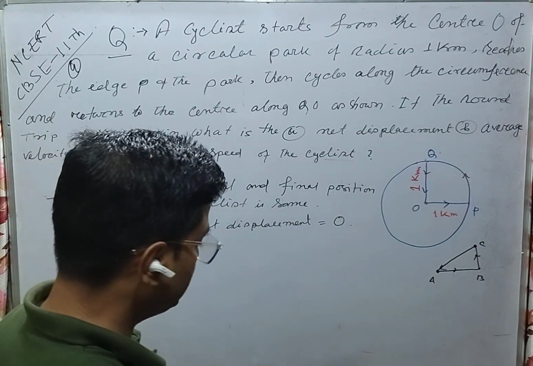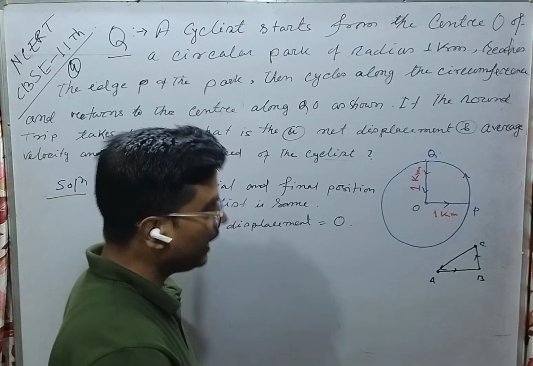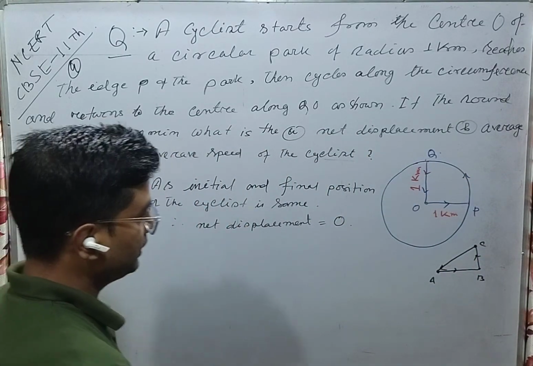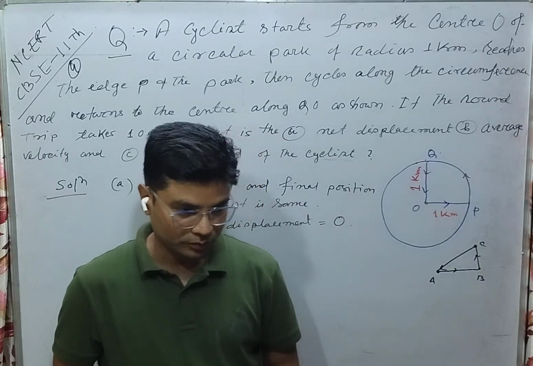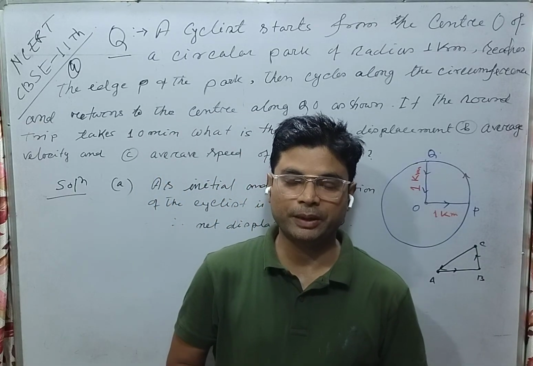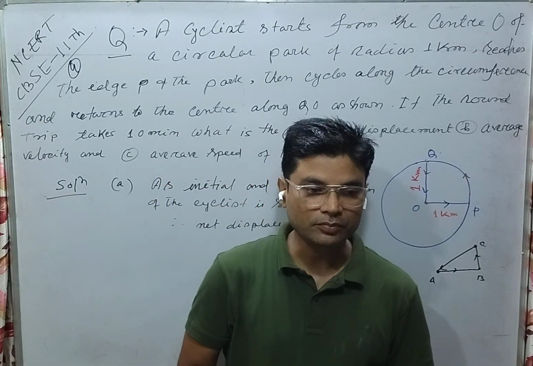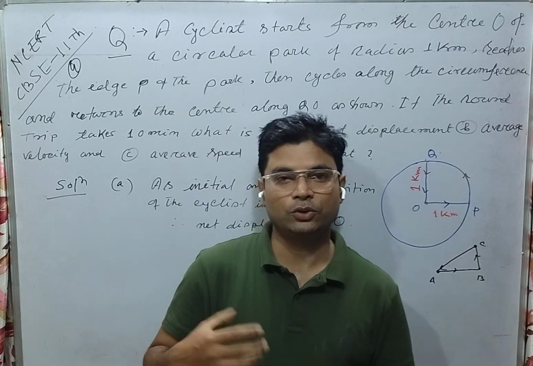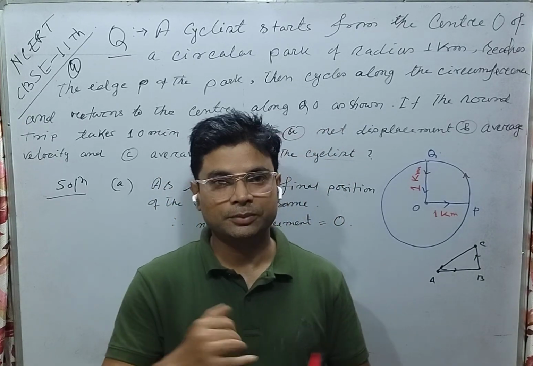Net displacement is 0, and then we need to calculate average velocity. Again, students, when you are asked to calculate average velocity, you need the total displacement, that is the net displacement of the journey, and the total time taken for that displacement.